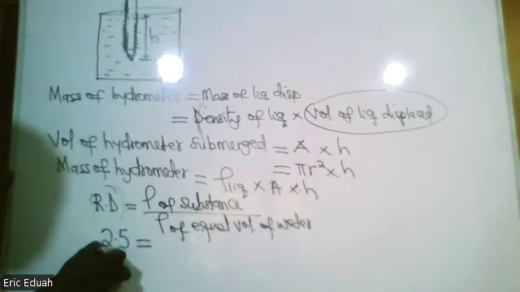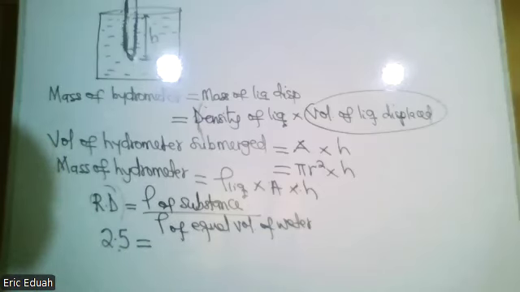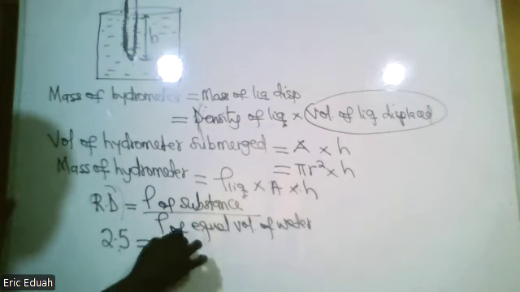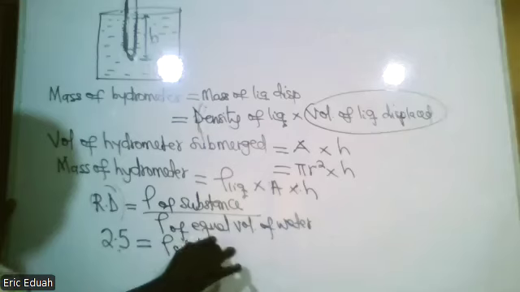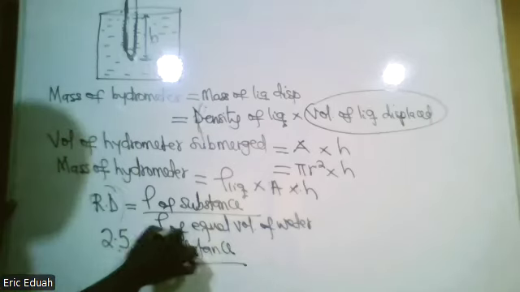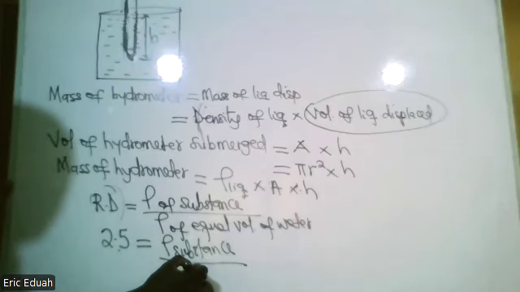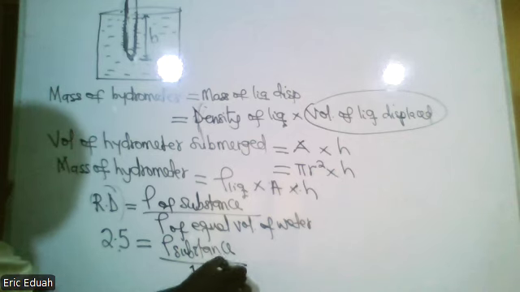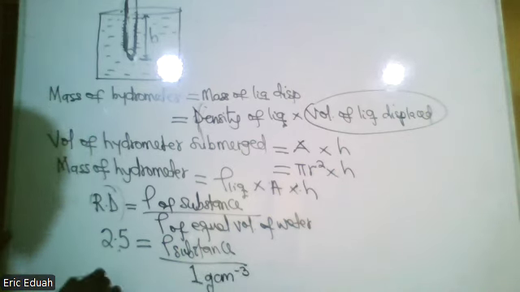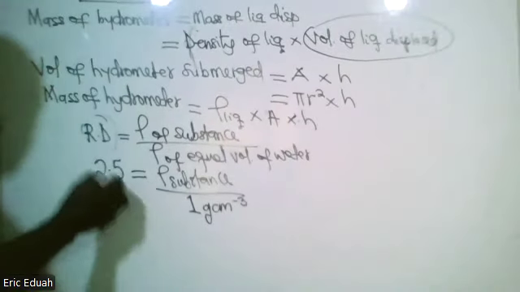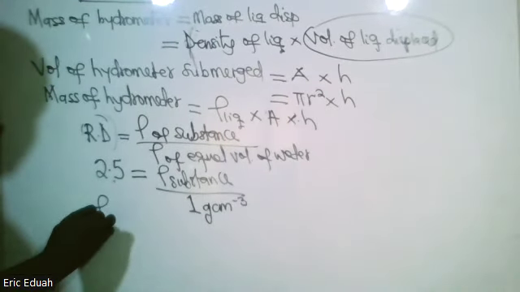This value is equal to the density of the substance in gram per centimeter cube, divided by the density of an equal volume of water. The density of an equal volume of water is 1 gram per cm cube. So it means that the density of the substance would be 2.5 gram per cm cube.